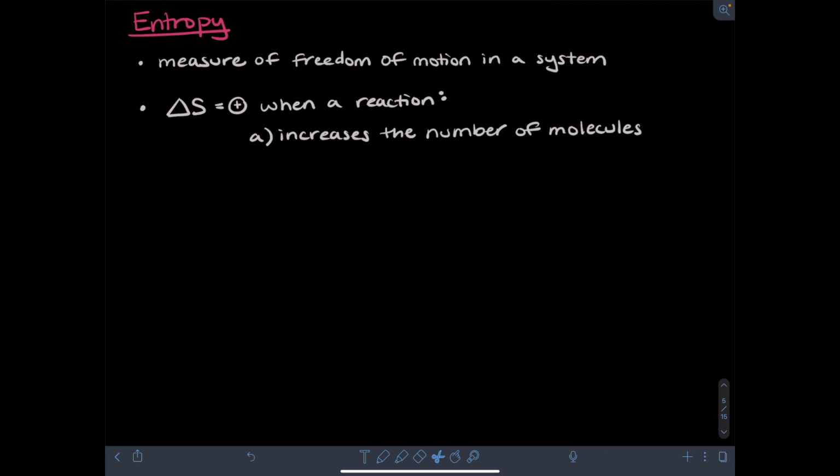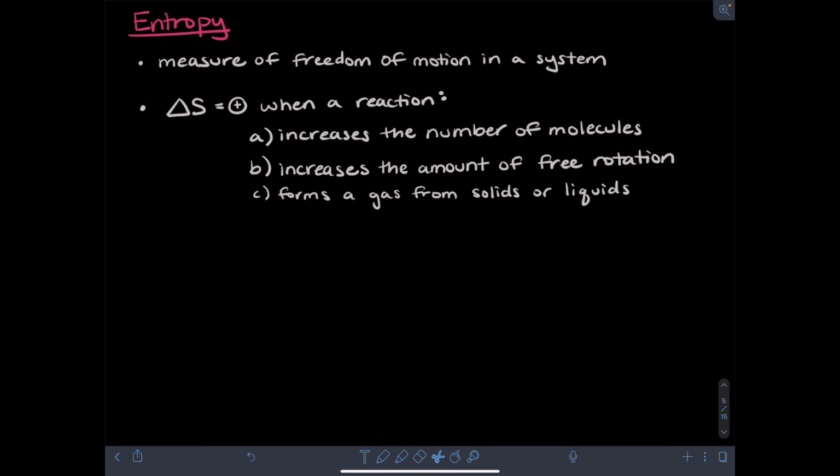The change in entropy for a reaction, delta S, will be positive when the reaction increases the number of molecules present, or if during the reaction you have an increase in the amount of free rotation, meaning bonds can rotate more freely in the product compared to the reactants, or delta S will be positive if your reaction forms a gas from solids or liquids.